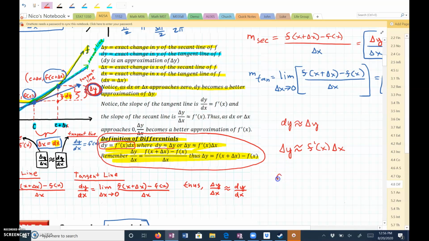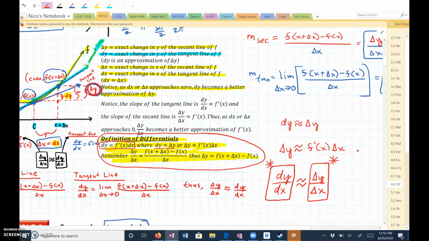Since dy dx, that's the definition of derivative, is approximately delta y over delta x. Again, this is the slope of the tangent line, this is the slope of the secant line.